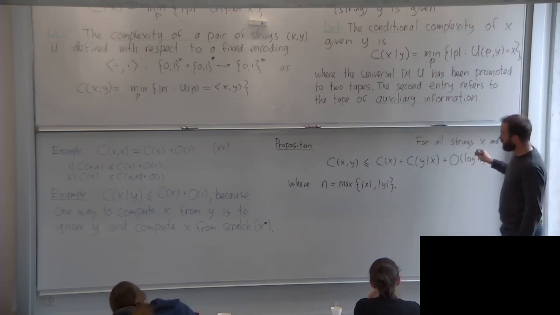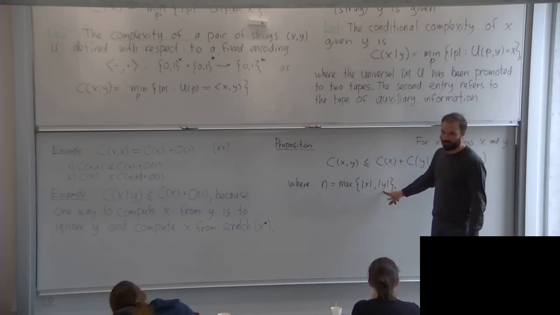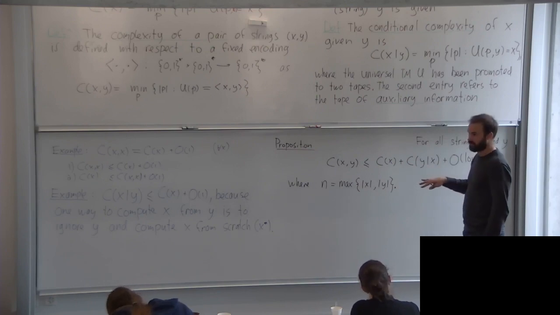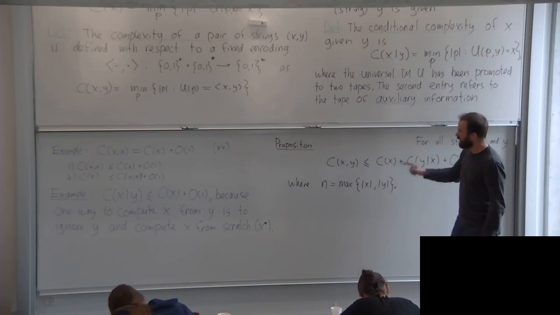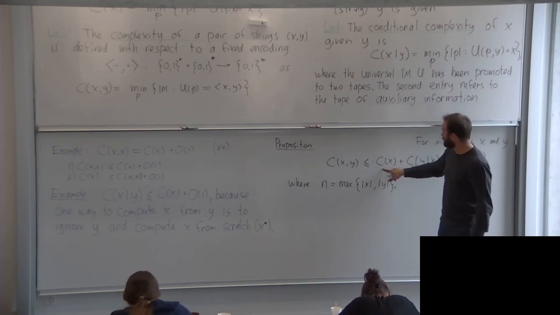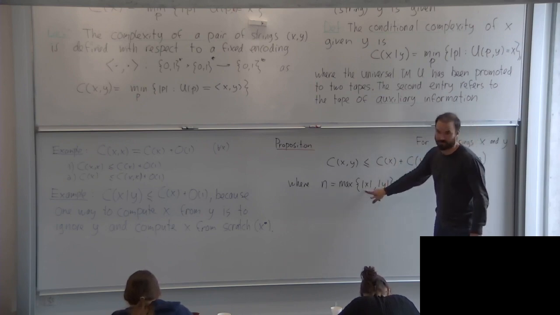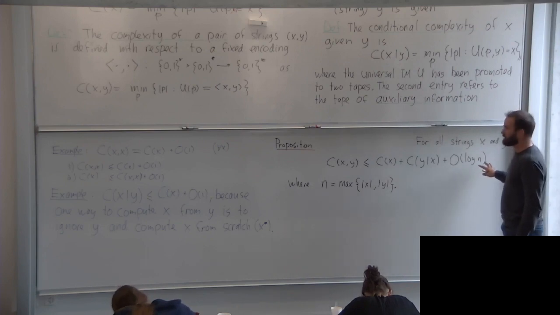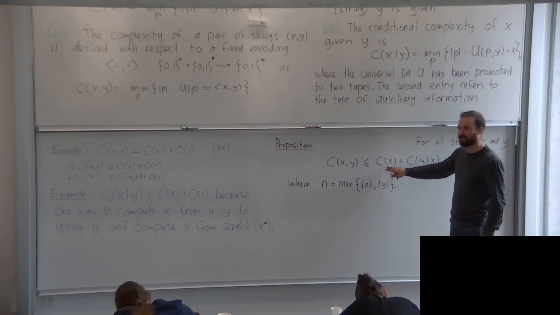Why is it small? Because n is either the length of x or the length of y, and then you take the log of that quantity. Usually, if x is the largest one, we've seen that C of x is smaller than the length of x. Now this error term is log n, so it's a much smaller order than the obvious upper bound that we've had for this term.